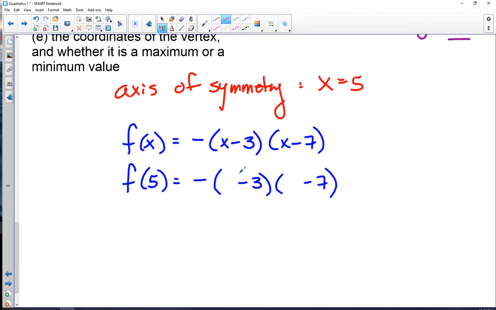So substitute the value of the axis of symmetry in for x, and then work this out.